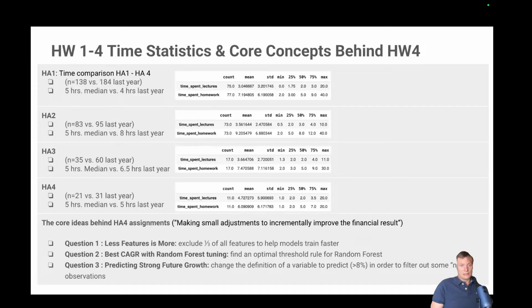First is that less features is more. We generate a lot of dummy variables during the training exercises, and some of them are probably not that powerful. For example, we have a dummy variable for a month or for a weekday, which should cover the seasonality that often happens with the stock markets.